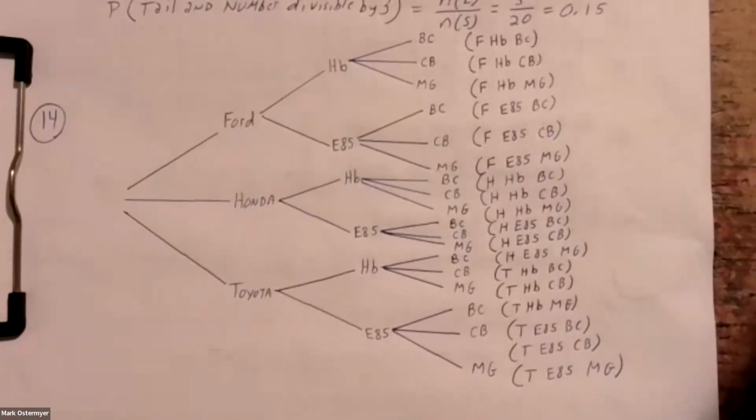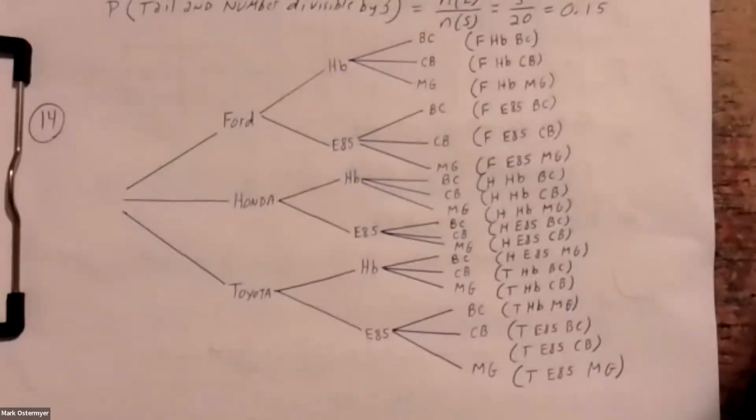I'll let you look at that for a minute or so. Take all that in. Those are the 18 outcomes. Make sure you have all the outcomes, whether you did a table or a tree.